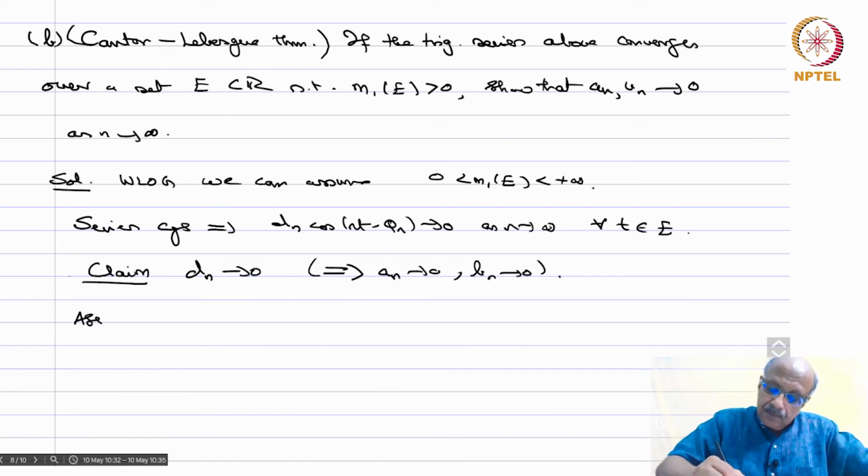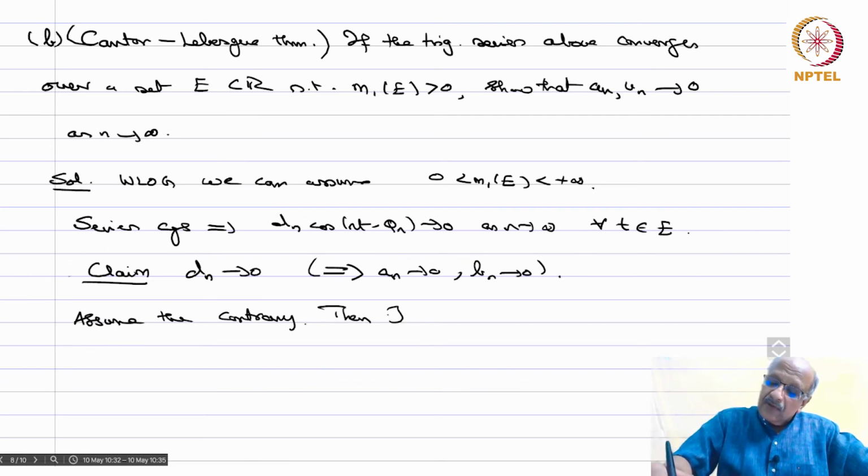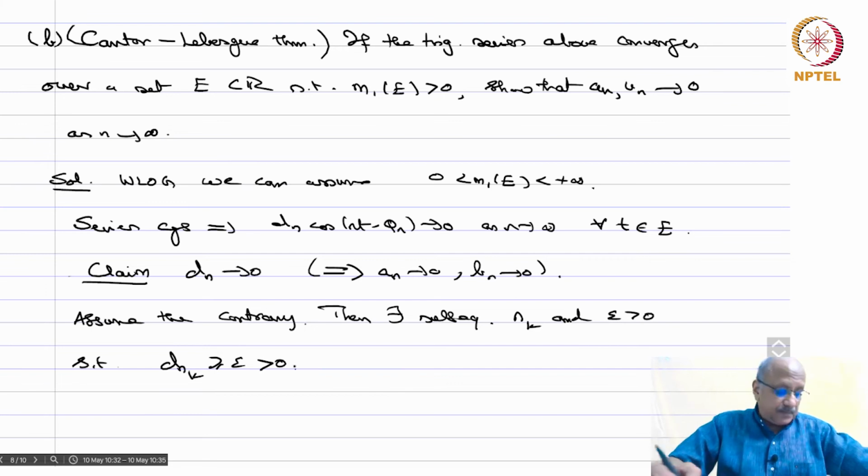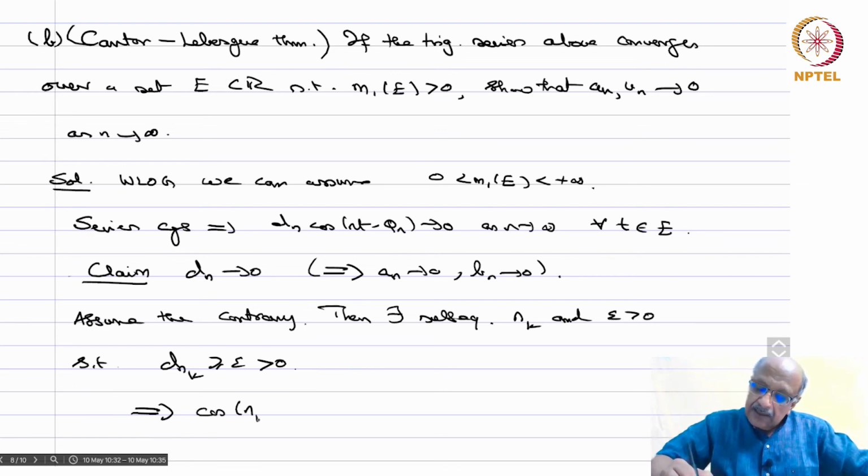So assume the contrary, then there exists a subsequence nk and epsilon positive such that dnk is greater than or equal to epsilon, strictly positive. And this will then imply that cos(nk t minus phi nk) goes to 0 for every t in E.